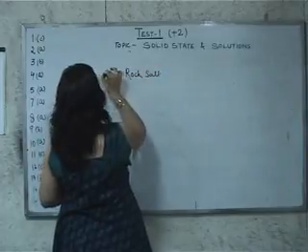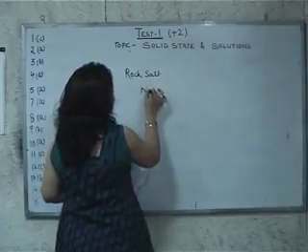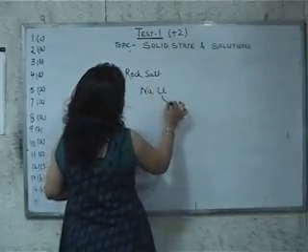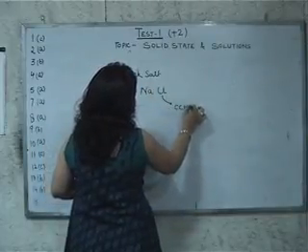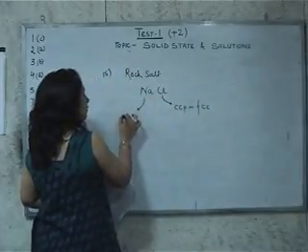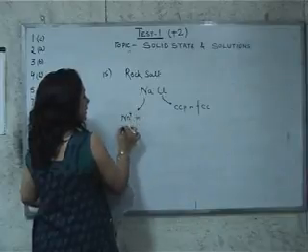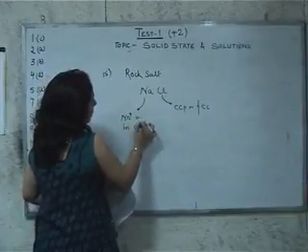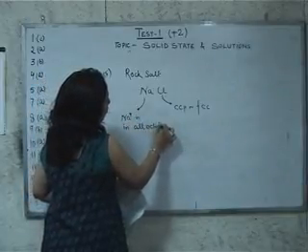For question number 15, NaCl is the example. Cl is having CCP or FCC arrangement, and sodium 1 positive is in all octahedral voids.